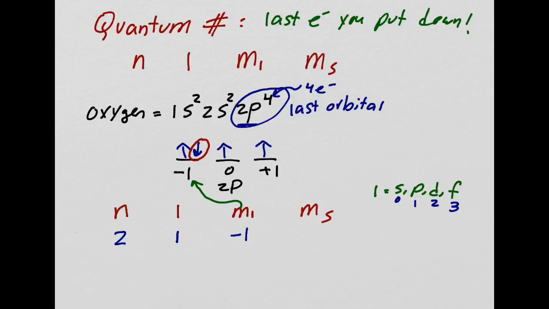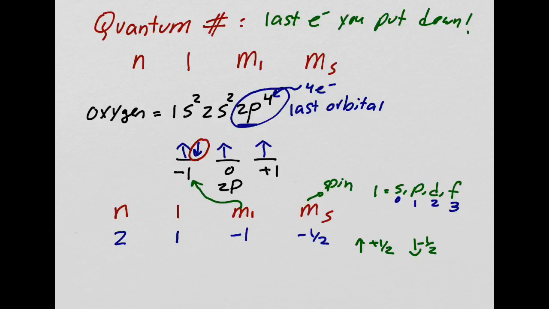Now the last one, M sub S was the spin. Is it up or is it down? It's down. And if you remember, if the spin is up, you're plus half. If the spin is down, it's minus half. What are we here? The spin is down, so it's minus half.